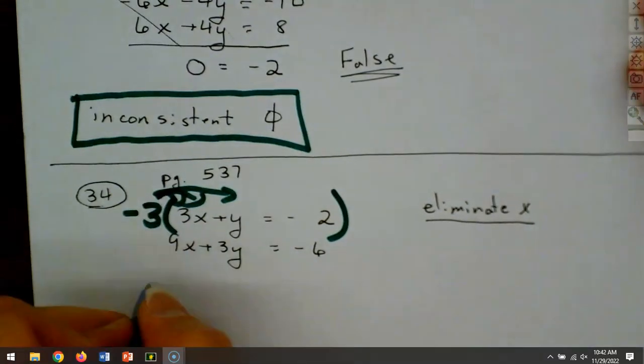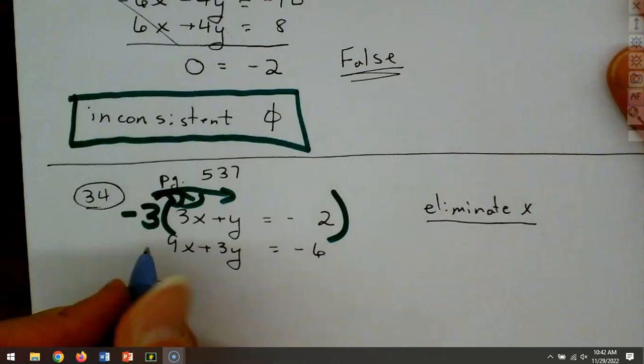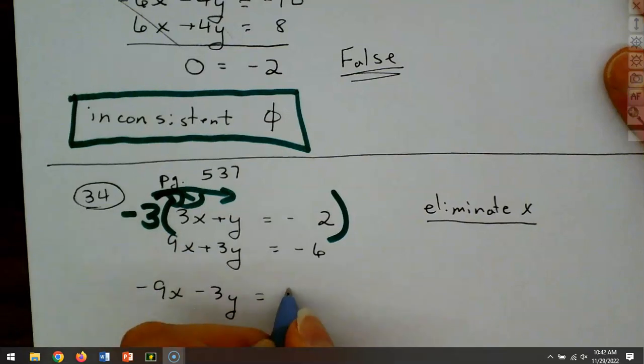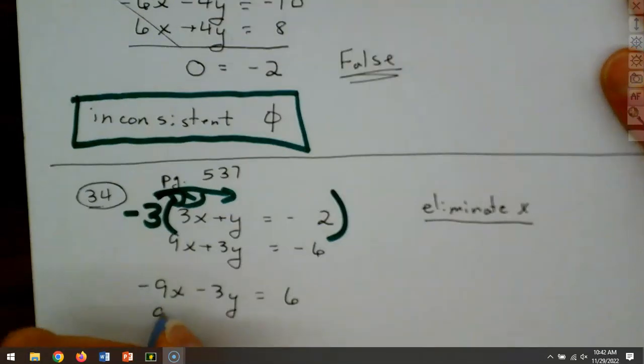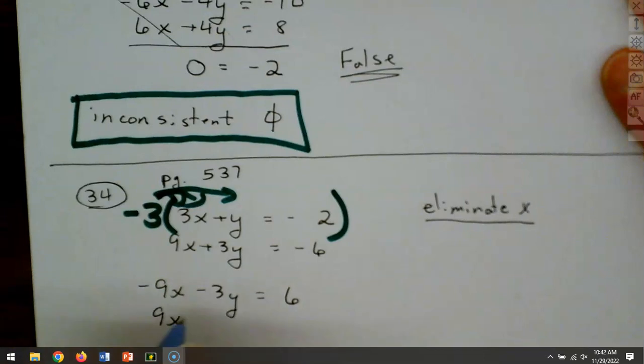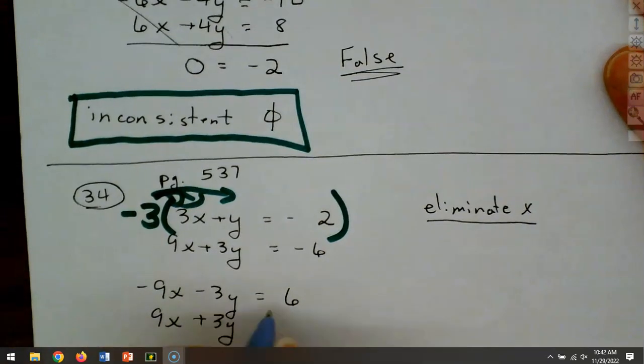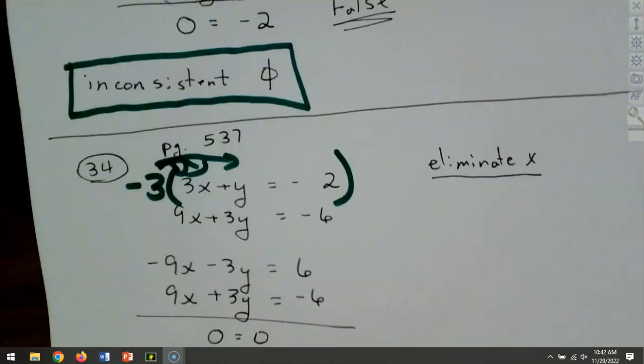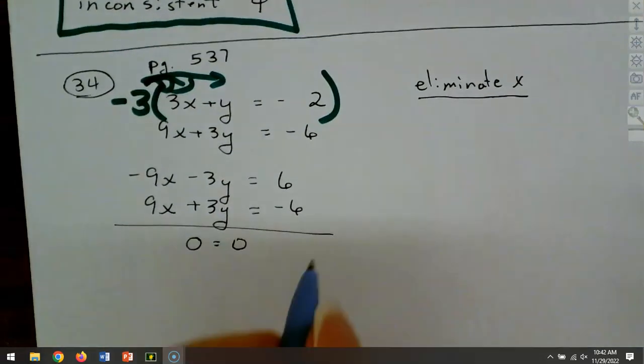Now we've got a minus 9x minus 3y equals negative and negative makes it a positive 6. Second equation is 9x plus 3y equals a negative 6. Add those together and we get 0 equals now 0, right? Because the sides are the same.